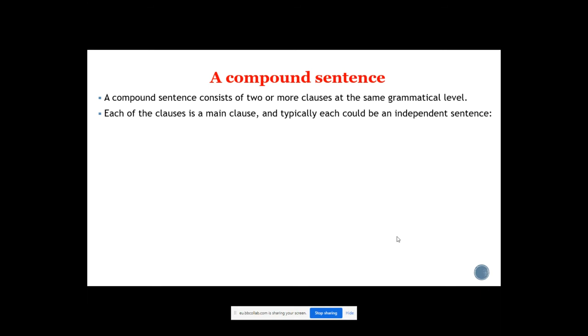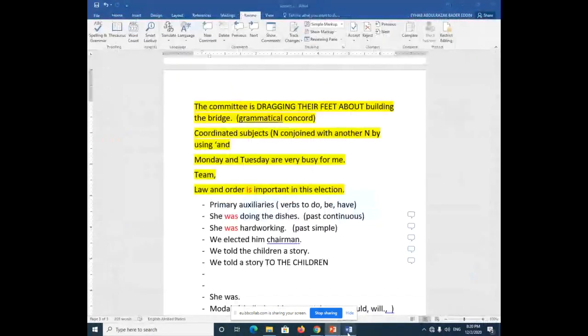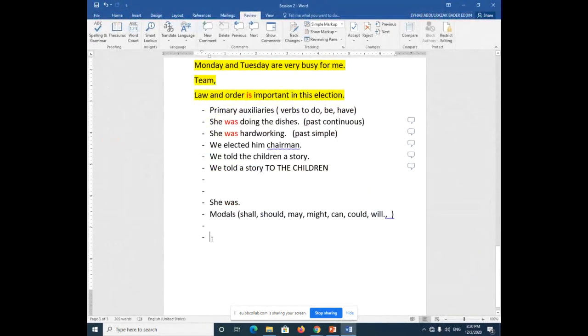Actually, in English, clauses are of two types. They are either main clauses, or subordinate or dependent clauses. الكتب بتسميها subclause. All these are used in English grammar. Main clauses are the clauses which can stand alone without distorting the meaning.